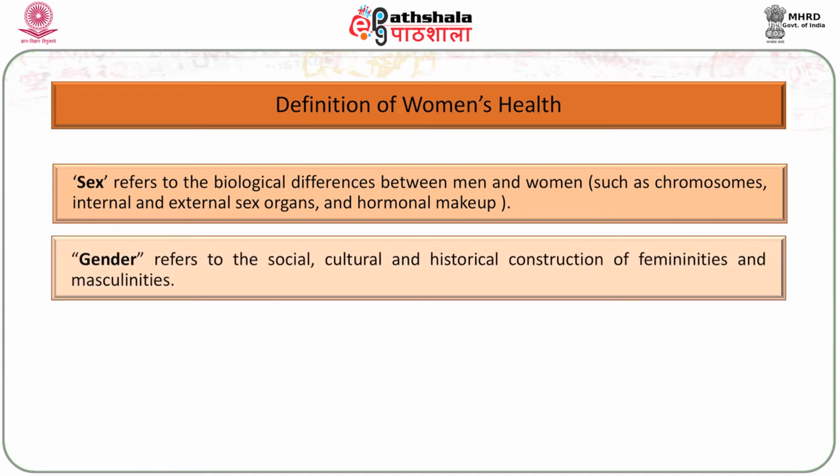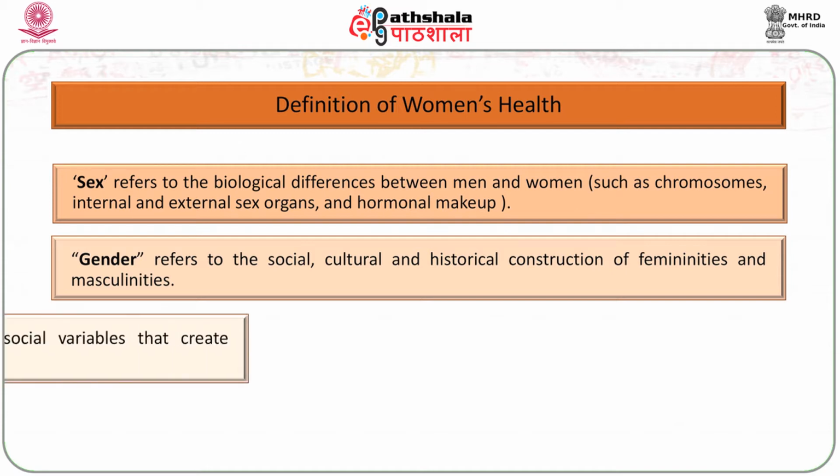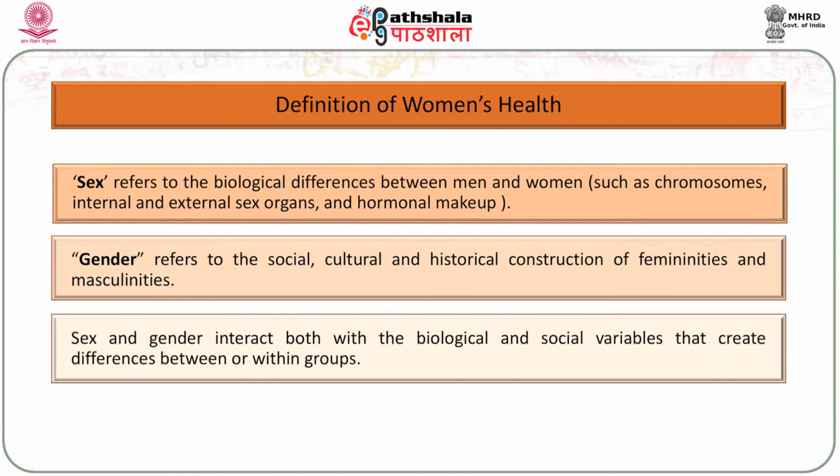On the other hand, gender refers to the social, the cultural, and the historical construction of both femininities and masculinities. So, sex and gender interact both with the biological and the social variables that create differences between or within groups.